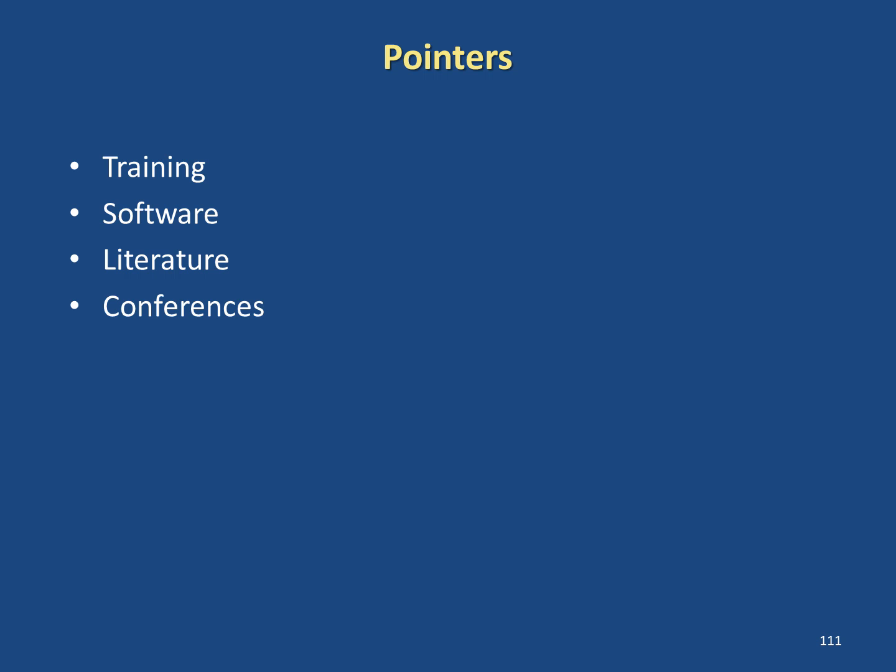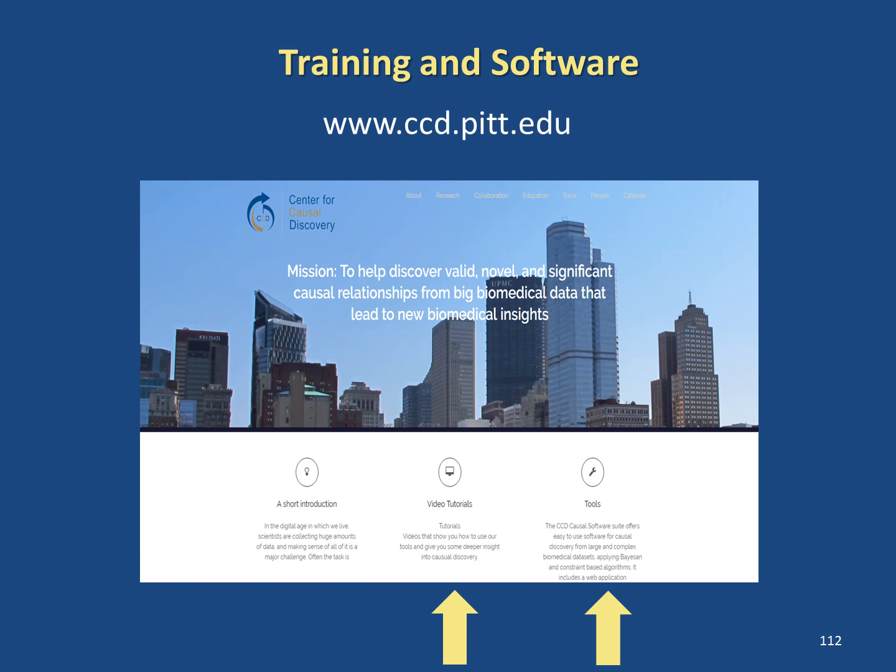In terms of additional pointers, let me talk first about some with training. If you go to the CCD website shown here, you'll see that there are some additional tutorials. And actually, Richard gives a summer week-long short course at CMU, and this has the complete short course from 2016. So if you want additional information that goes into more depth than what we've covered today, that's a good set of videos.